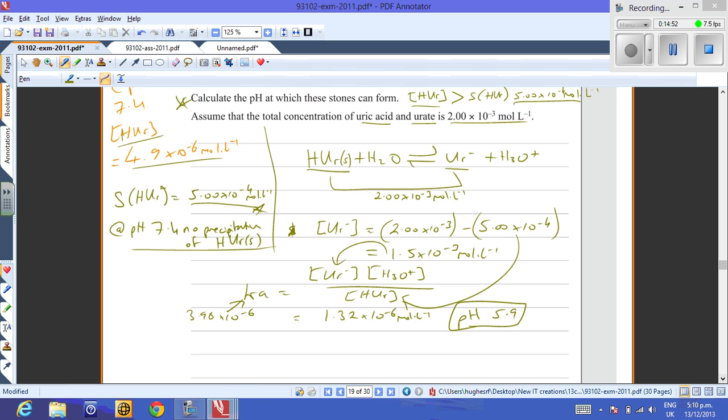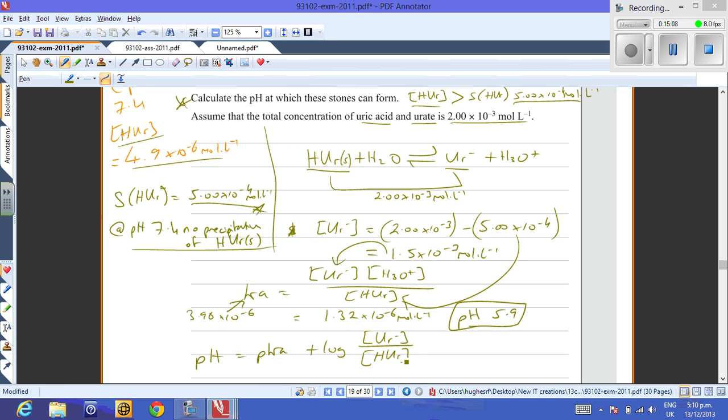Another way to do this is to use your Henderson-Hasselbalch equation, which relates pH to the pKa of the weak acid. According to this equation, pH equals pKa plus the log of the basic species, which is the urate concentration, over the acidic species, which is the uric acid.